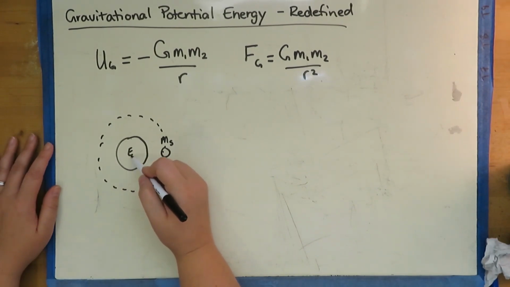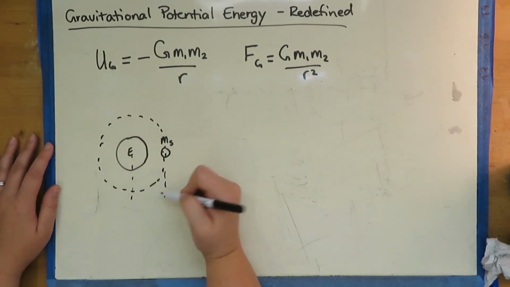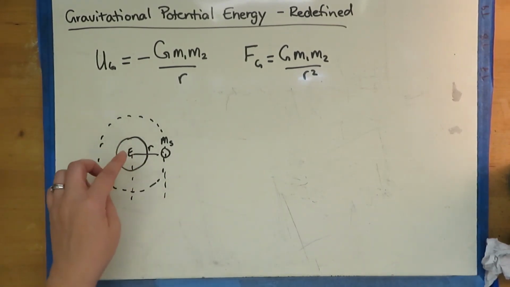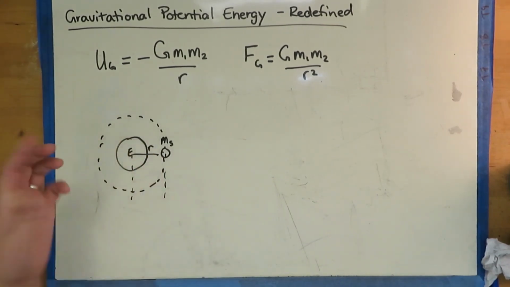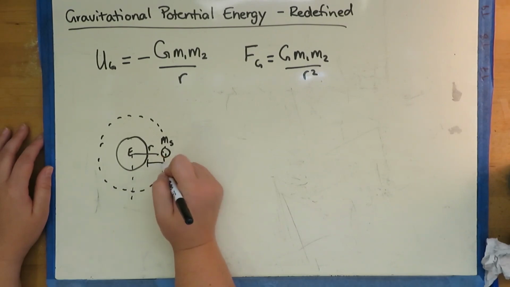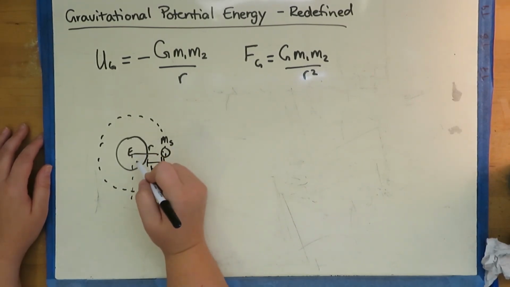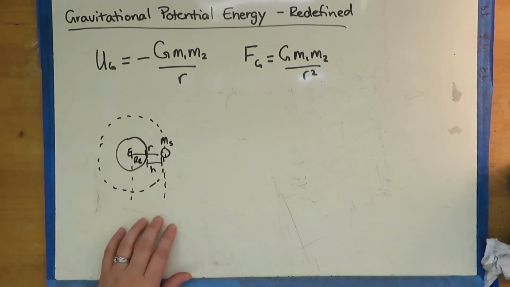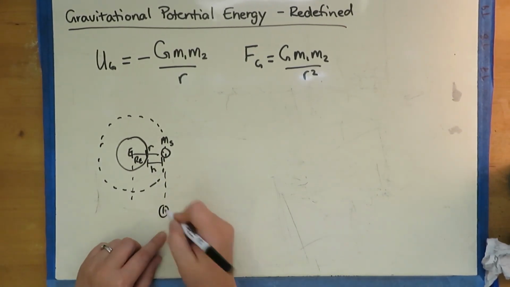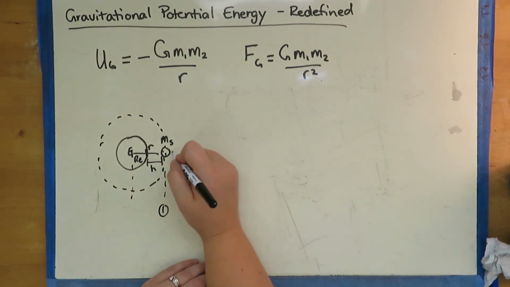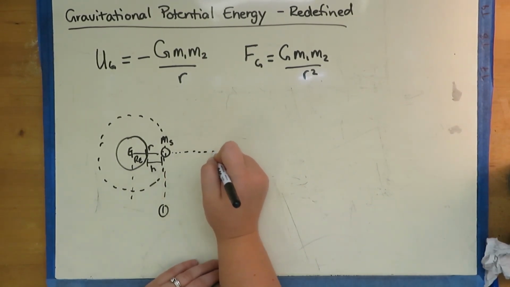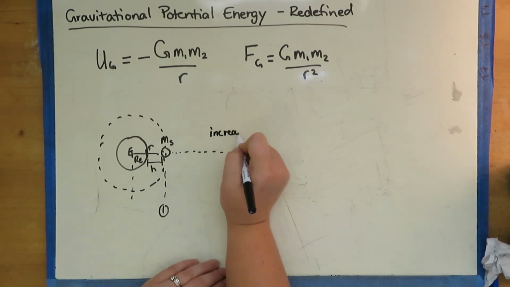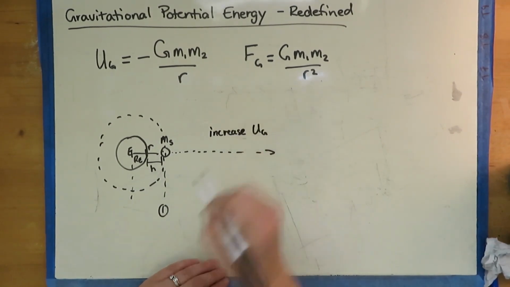Well, at this initial position right here, you're going to be at some overall radius. That radius would be the sum of the radius of the Earth and whatever height it's at. So it could be at some altitude there, and you've got the radius of the Earth here for that bit. That is our initial position. Well, as I launch this rocket, as it moves this way, you're going to increase our gravitational potential energy.